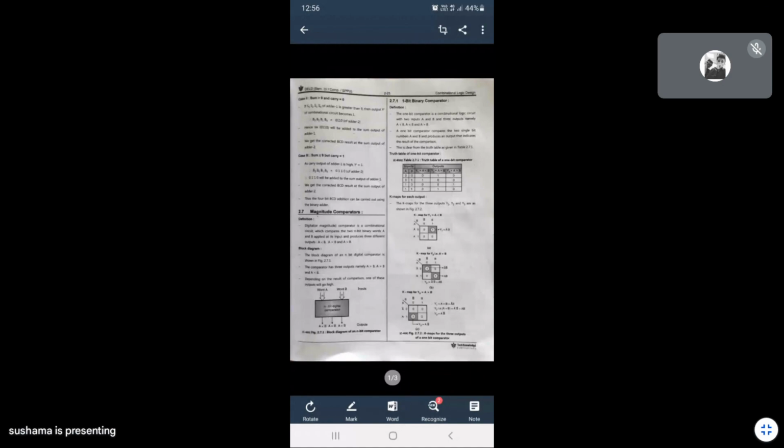समझ में आया मैंने अभी क्या बोला? अगर हो गए तो बोलो, सेकंड ले लेते हैं. मैम completed. With logic diagram or without?